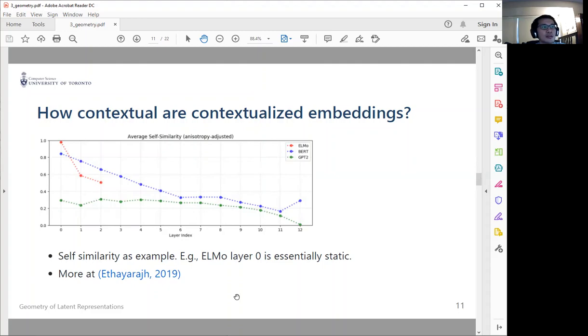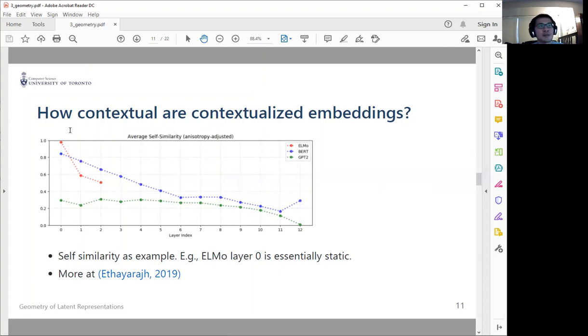So for ELMo, its layer 0 is essentially non-contextual. It's essentially static. It has very high self-similarity. This is because the ELMo layer 0 is essentially the output of the character-wise embedding, so there's no contextuality there.